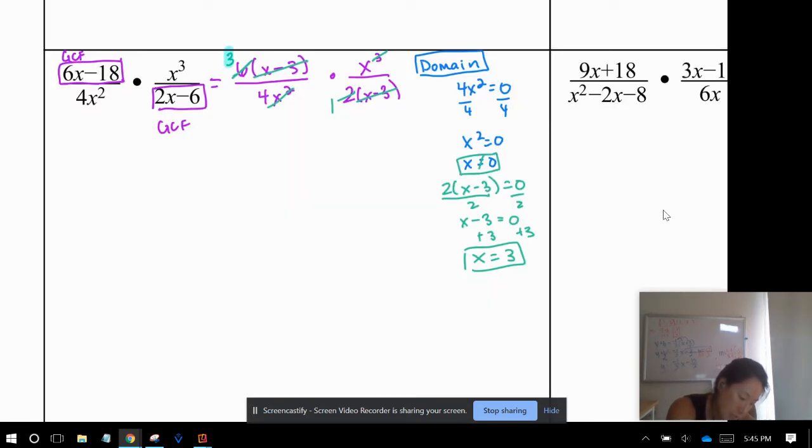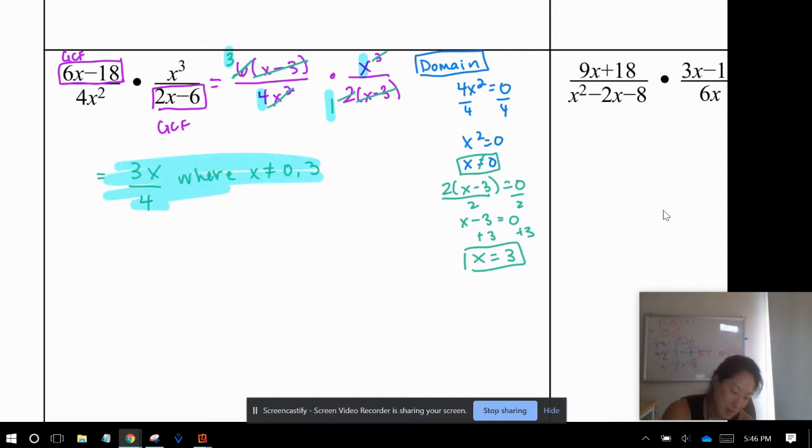So I do 3 times x is 3x, and 4 times, it looks like I'm only left over with a 1. Okay, so our simplified expression would be 3x over 4, where x cannot equal 0 or 3. And that is our solution.